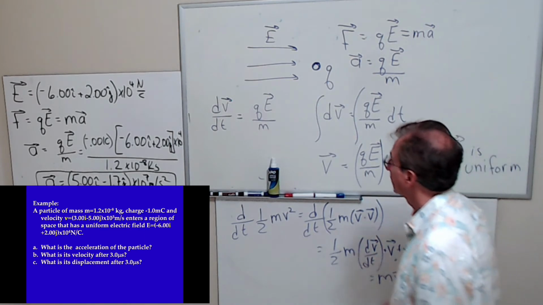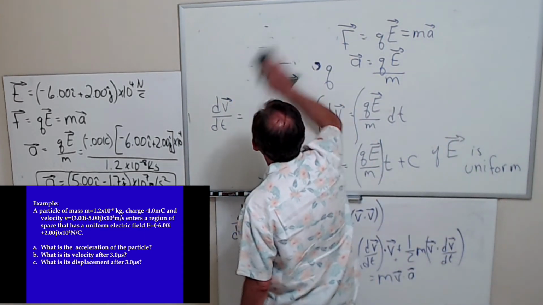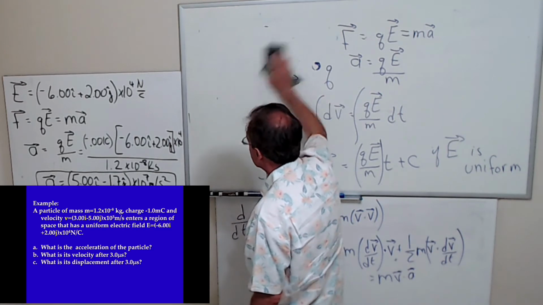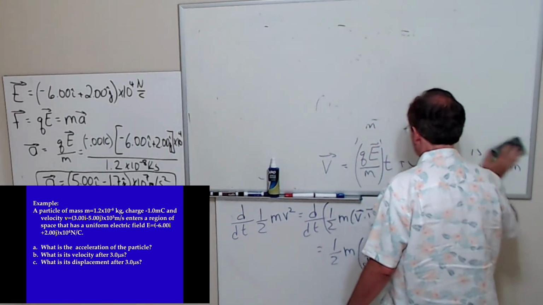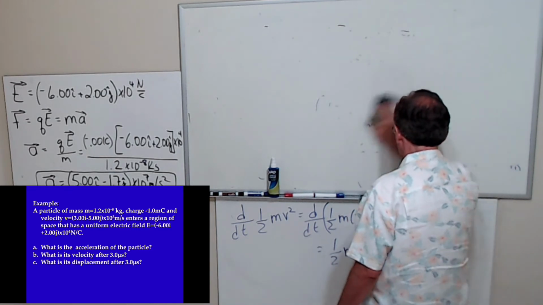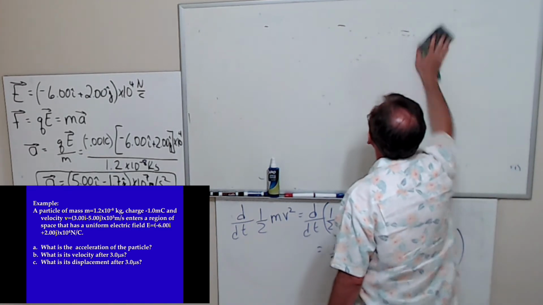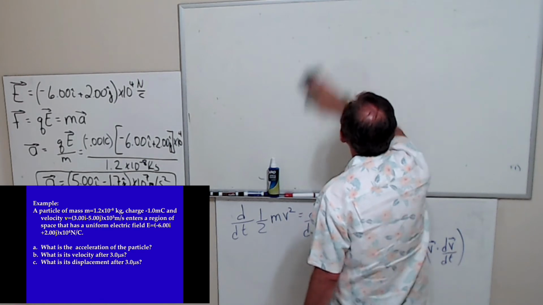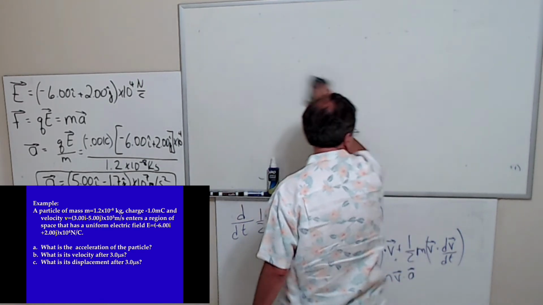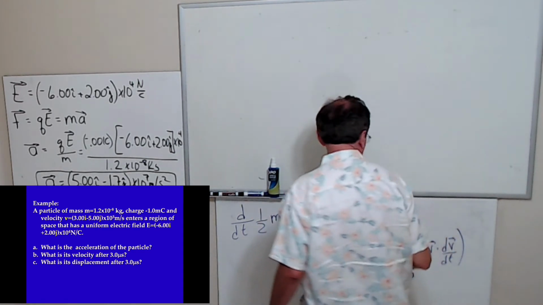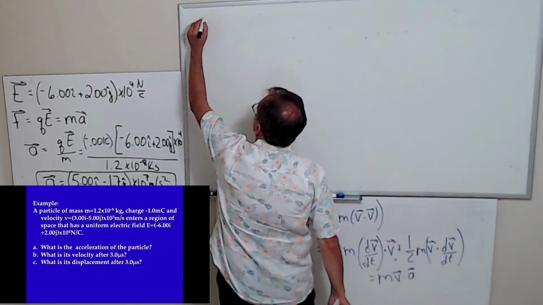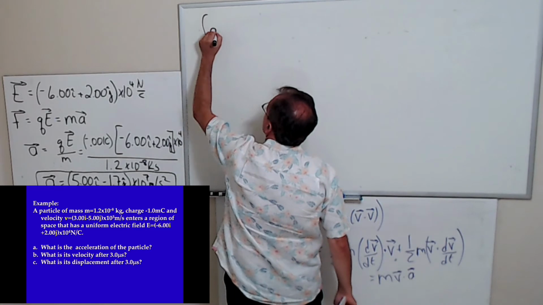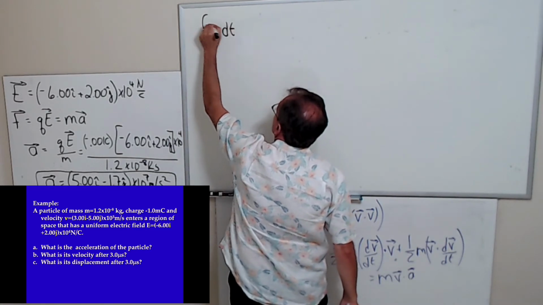Okay. Now what about the velocity? I just have to integrate the acceleration function. So I have to integrate a dt.